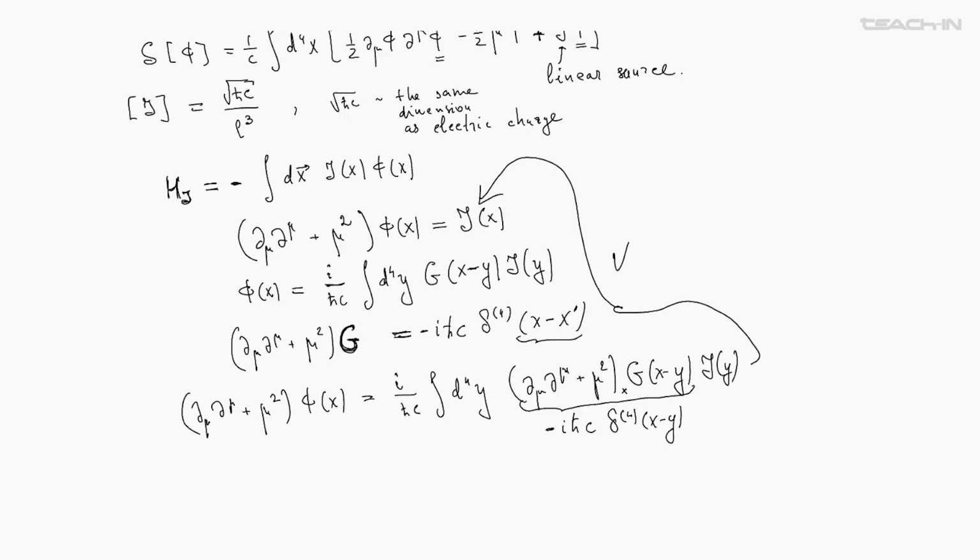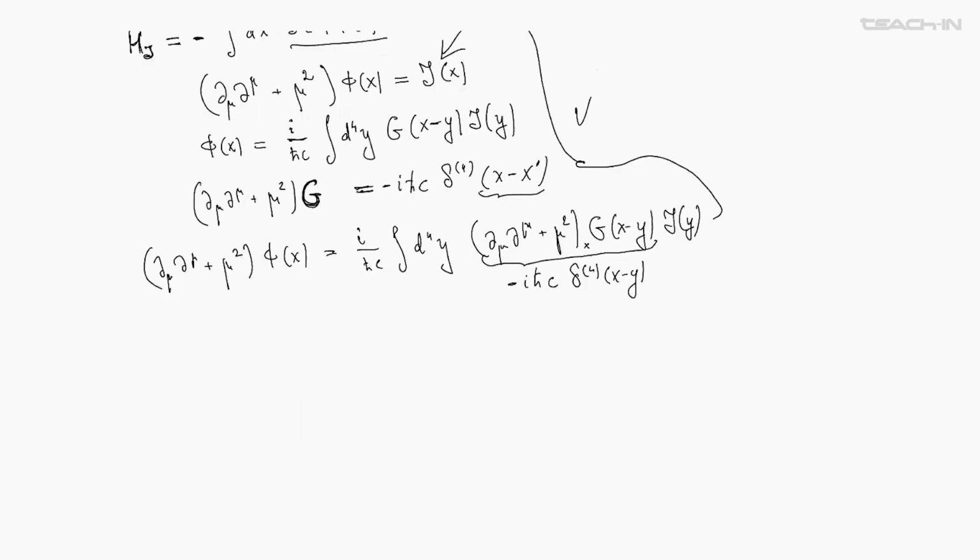So my goal now is to calculate the interaction energy, this quantity here, which is mediated by a scalar field between two equal charge static sources, represented by point-like particles sitting at positions x1 and x2. So what we can have in mind is this picture.